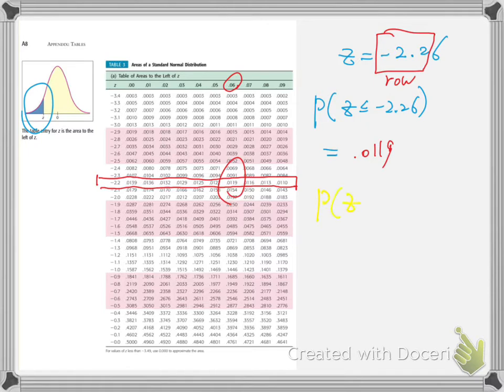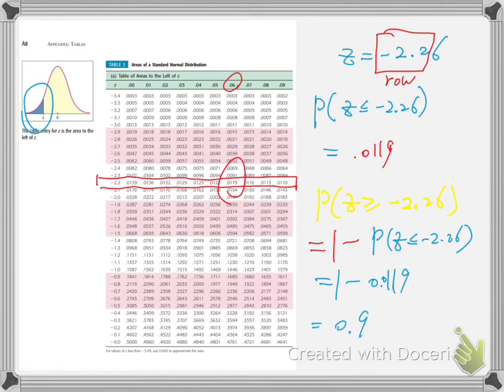P(Z is greater than or equal to negative 2.26) will be 1 minus the blue area, 1 minus 0.0119. So this will be 0.9881. So the yellow area is a big number.